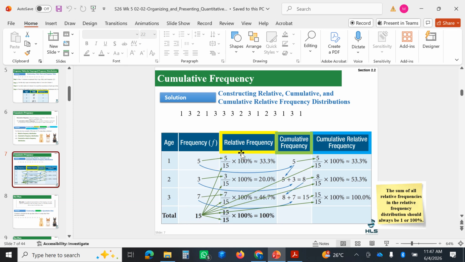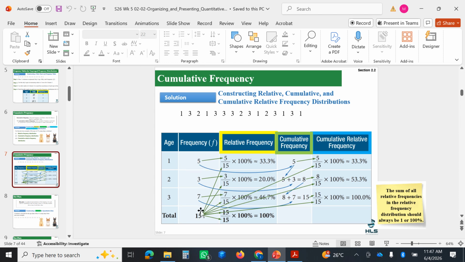So now you'll see what the relative frequency means. You take 5 divided by the total, times 100, right? So 5 divided by 15 would be 0.333, but multiplied by 100, it becomes 33.3%.